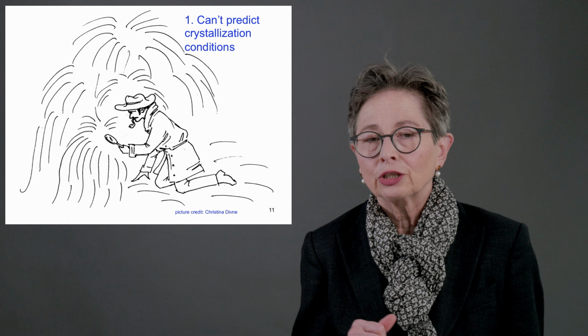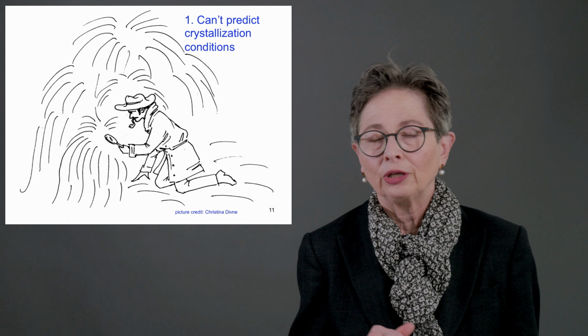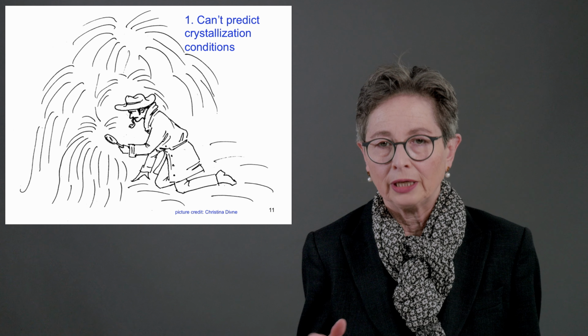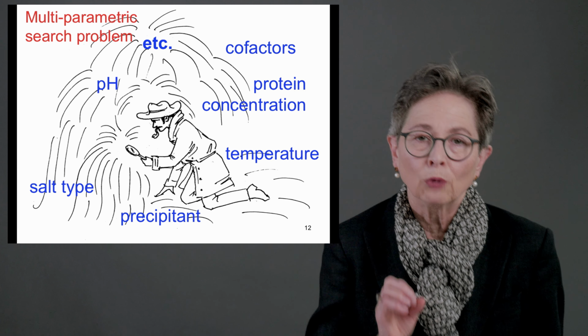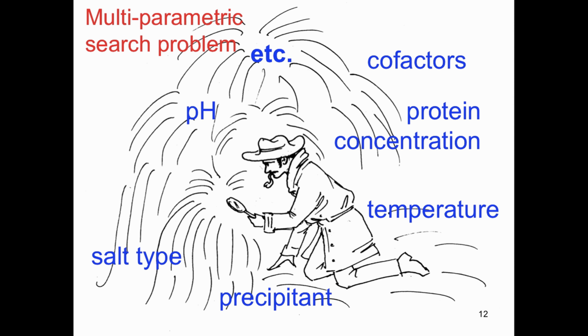You can't predict the crystallization conditions for any protein initially. It's because it's a multi-parametric search problem in which there are many solubility parameters that have to be examined. And not just in isolation from each other.